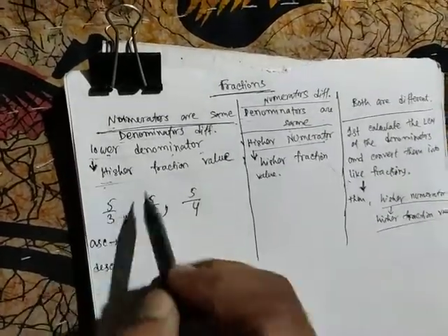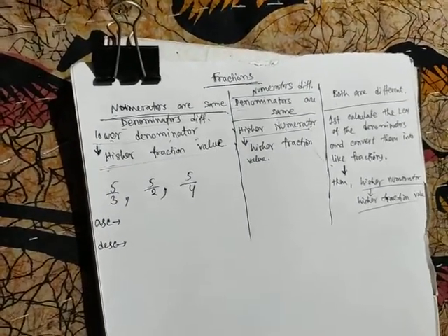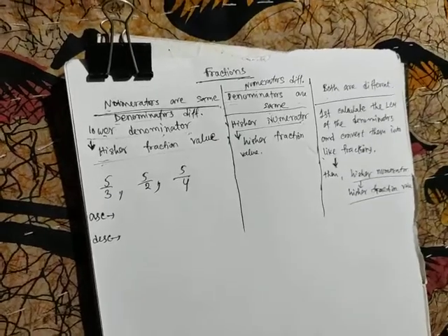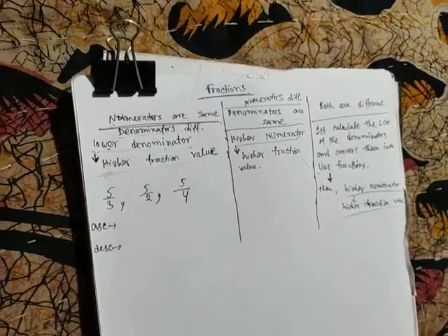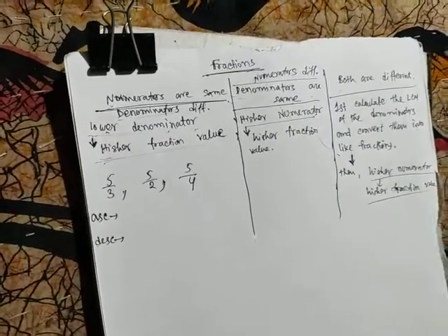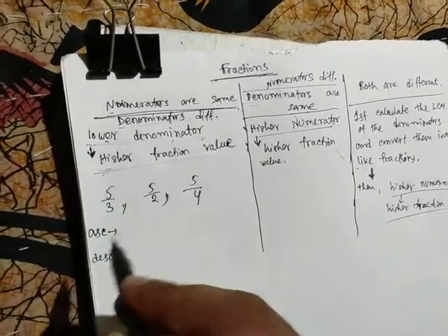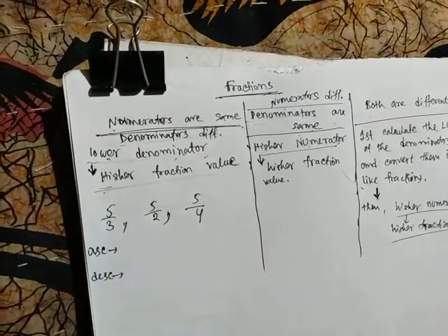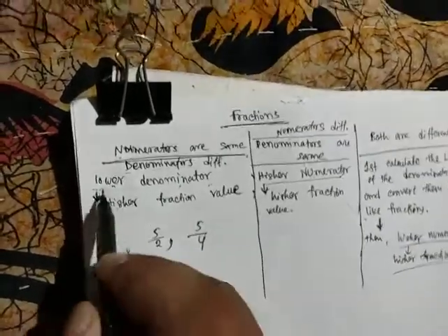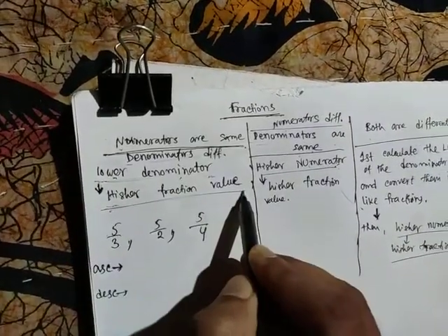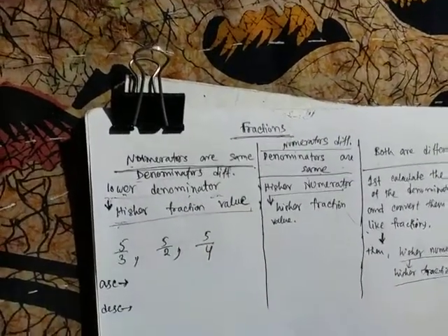Ascending order means lower value to higher value. So first you have to find the lowest. Lower denominator means highest value, so obviously the opposite, higher denominator means lower fraction value.